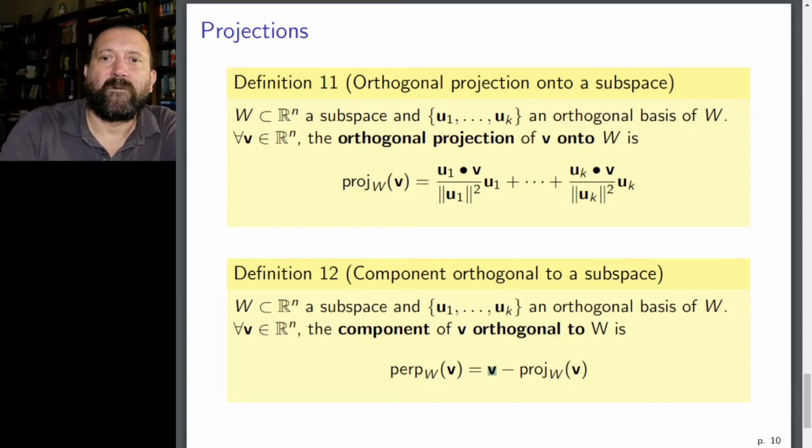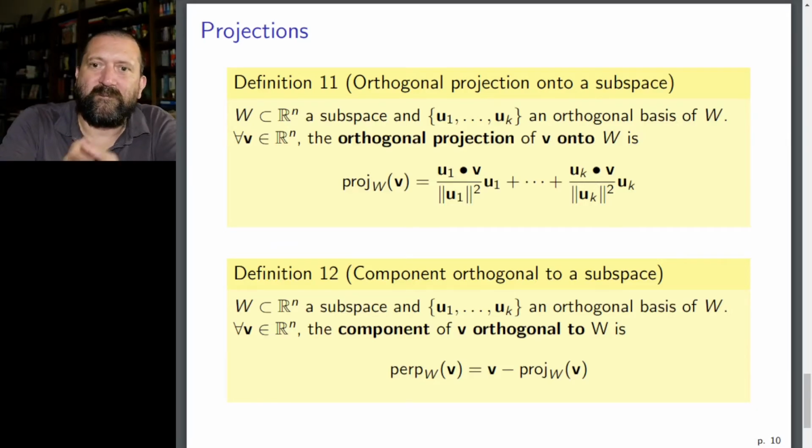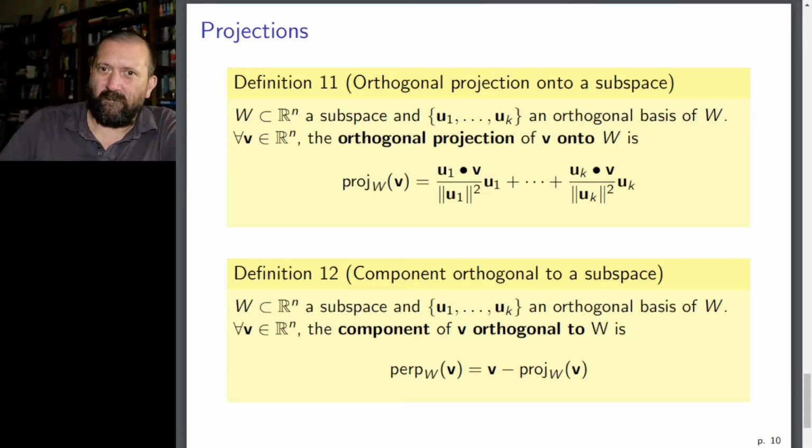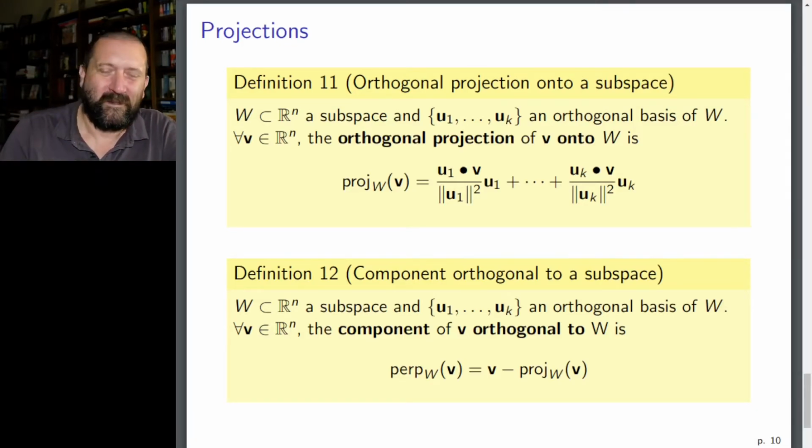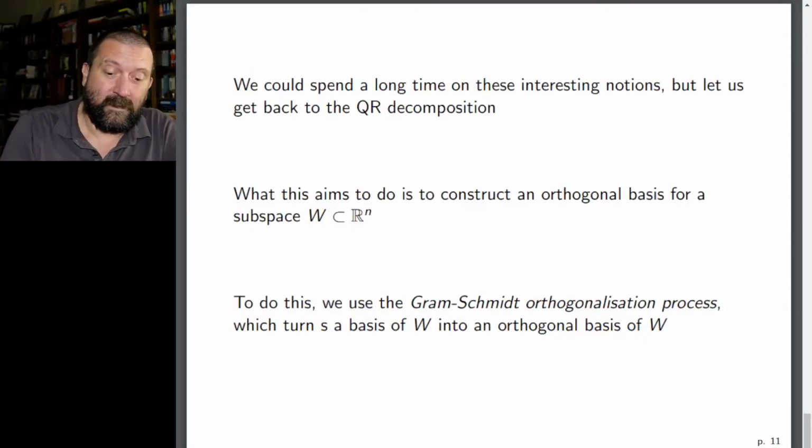And you compute it by taking the difference between the vector that you're projecting and its projection onto the subspace. So this is just to explain, and I thought it was worth spending a little time on this because it came up before and I hadn't really detailed it, so I might as well do it now.